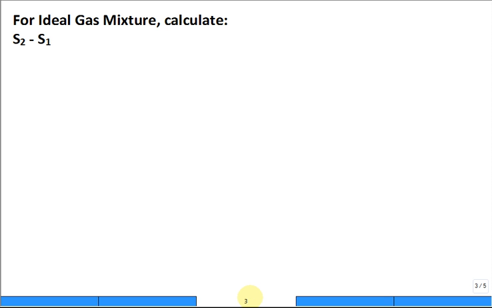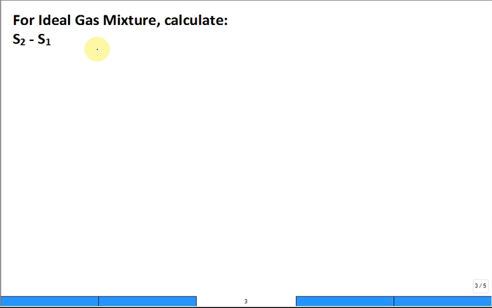When we deal with ideal gas mixtures and we're interested in the change in entropy, we have to remember that for ideal gases, internal energy is a function of temperature only, enthalpy is a function of temperature only, but entropy is a function of temperature and pressure.